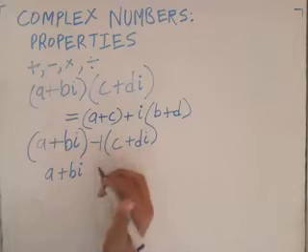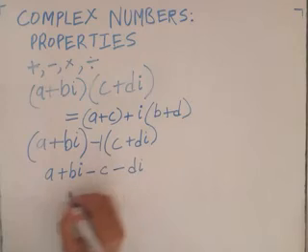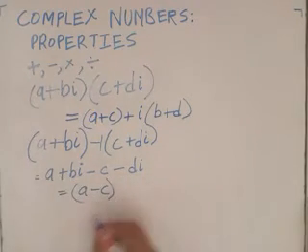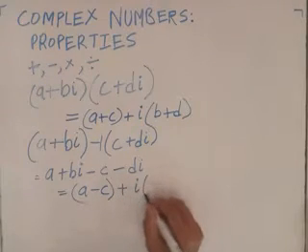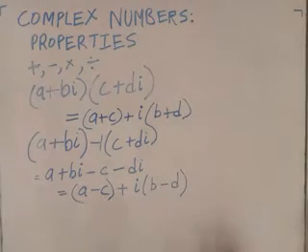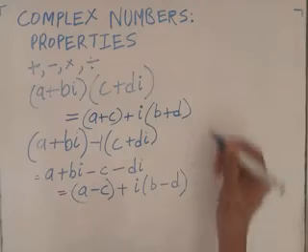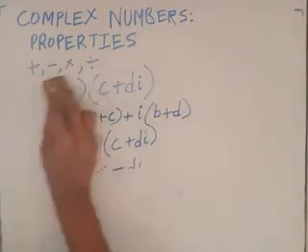So you just multiply inside by minus 1, you have minus c minus di, and that gives you a minus c as the first term, as the real part, plus i times b minus d. Very similar to real numbers for addition and subtraction. So you don't even need to actually remember these as formulae. You can just add them like real numbers to find what the value is.